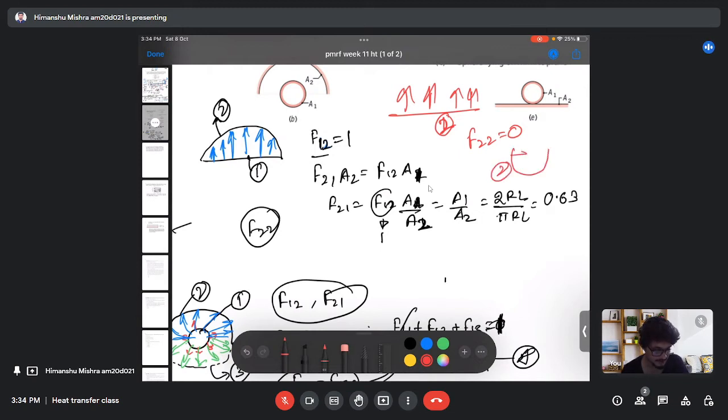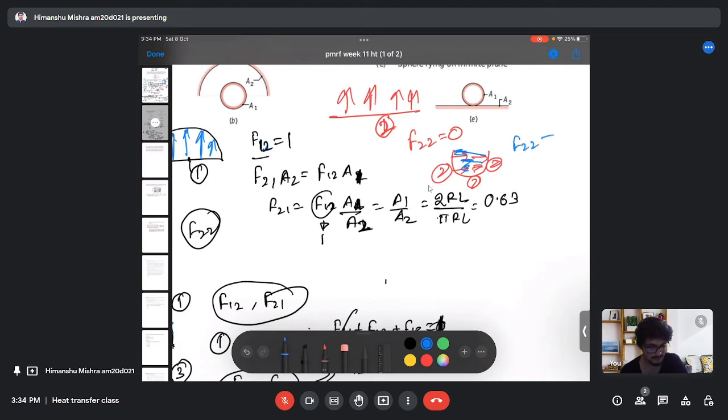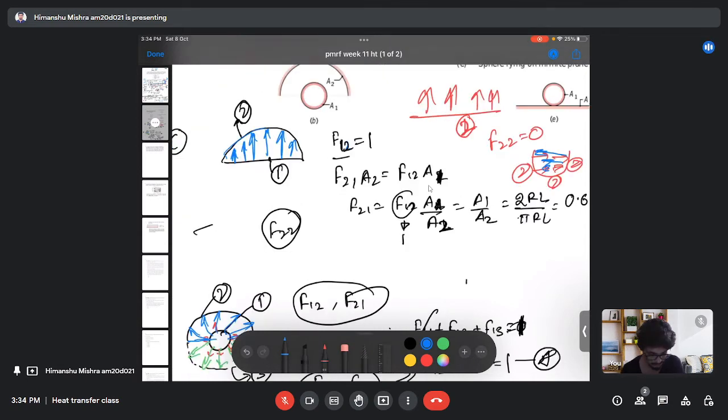That means the radiation coming out from surface 2 can reach surface 2 itself. So here F22 will not be equal to 0, because the radiation which comes out from here can reach surface 2 itself. So the radiation coming out from surface 2 will be intercepted by itself, like this.